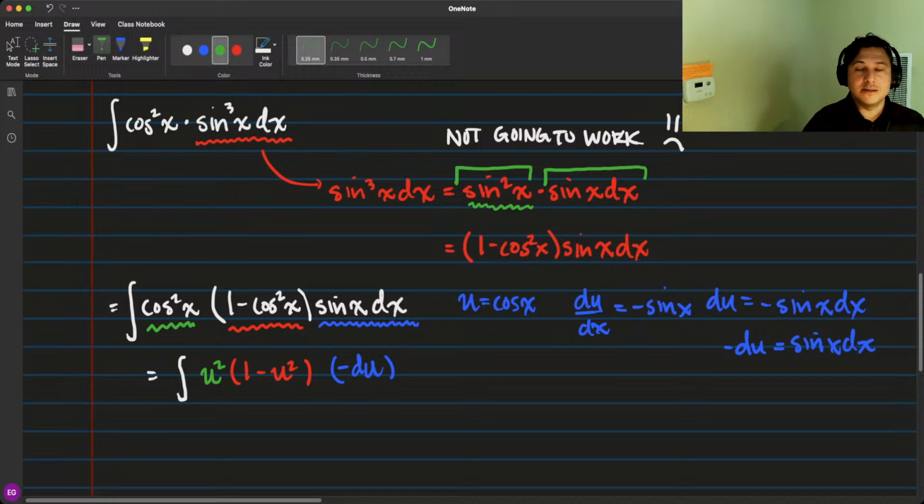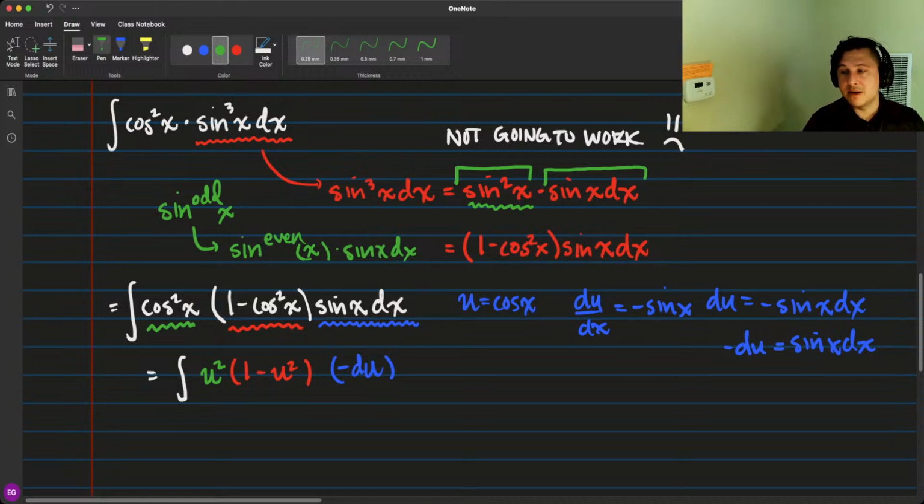This will actually work as long as you have sine to an odd power, because if you have an odd number and subtract 1, you get an even power. And any even power of sine you'll be able to rewrite as 1 minus cosine squared to some power. So this will work as long as this number here is odd.